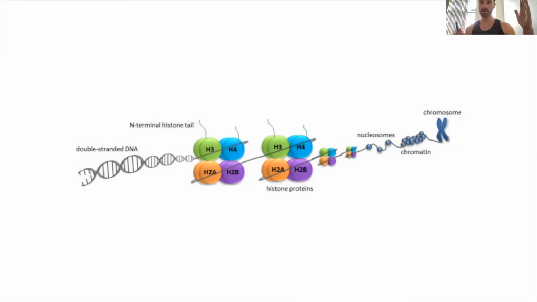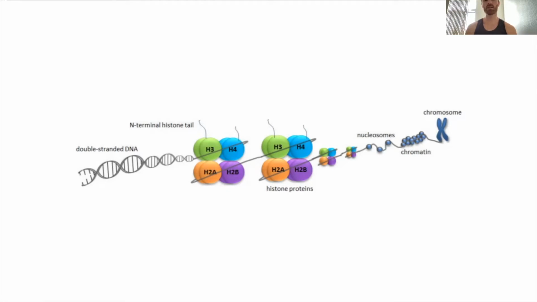If you zoom in at the molecular level, even the individual amino acid has an N-terminus and a C-terminus, referring to an amino group at one end and a carboxylic acid group at the other.